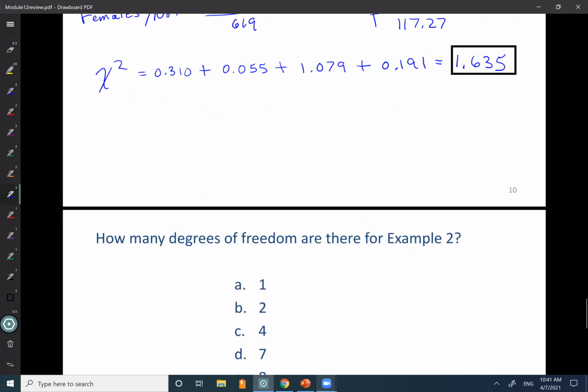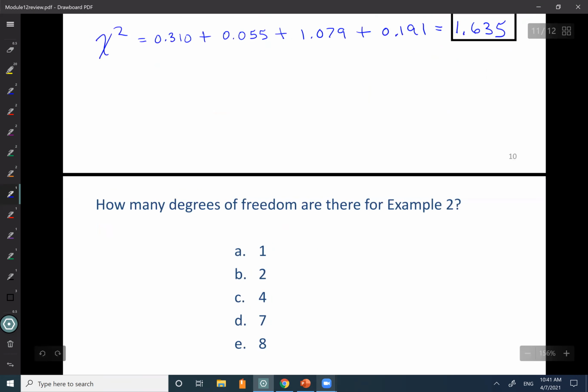It's just a way to compare the observed value and the expected value. They need to be somewhat close. That's what I was trying to explain: you can't have an observed value that is really, really different in magnitude from an expected value. You probably want to go back and check. It's sort of an indication that something has gone wrong.